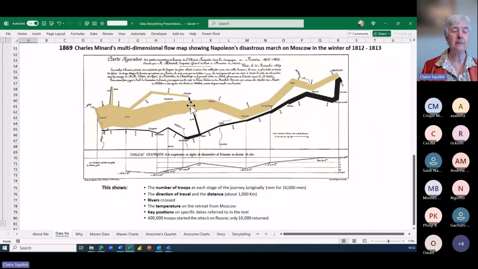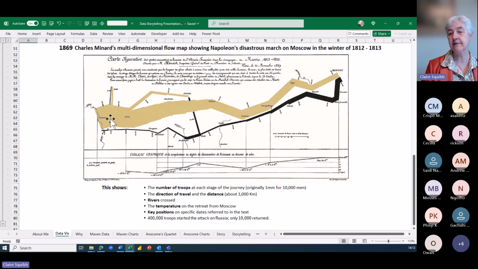There's a massive amount of information here, but yet it is still very clear to read. The orange line to start with, the width of the line, the width of the ribbon, is relative to the size of the French army. They started attacking the Russian troops. Napoleon's army was trying to fight the Russians, but the Russians retreated.